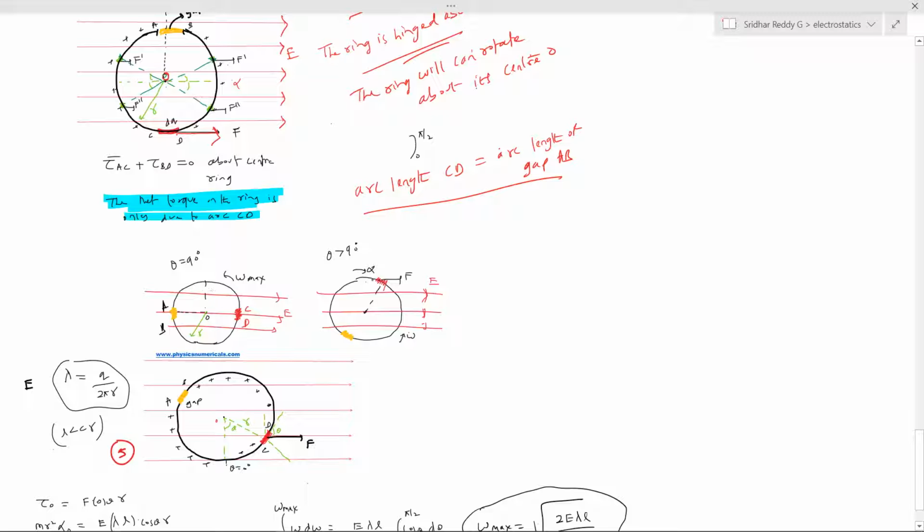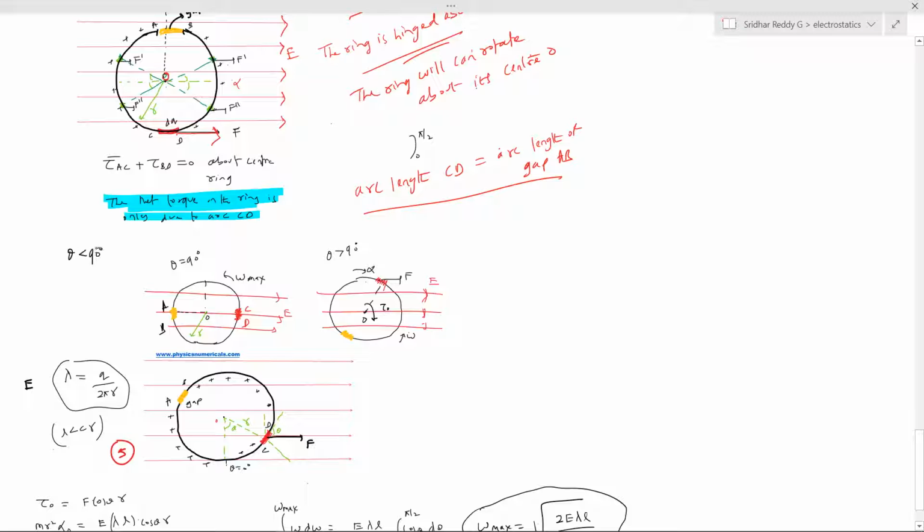The very next moment you come to this one, the torque will be clockwise about point O, and the omega was counterclockwise, so therefore the omega starts decreasing. So what is the conclusion now?